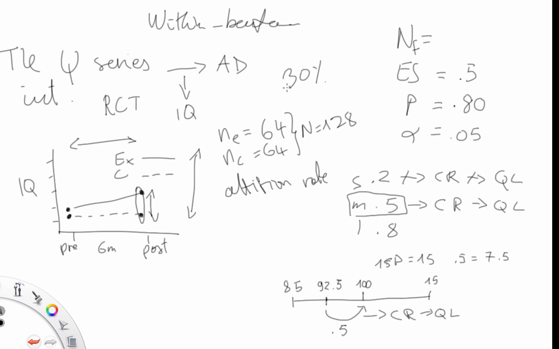But if you don't know what the attrition rate is, because no one has reported that before, researchers typically go for 20% more or less. So you would include an additional 20% on top of this 128.